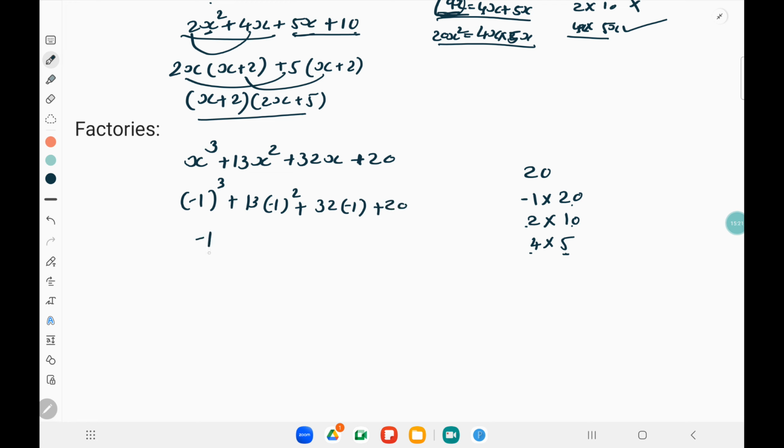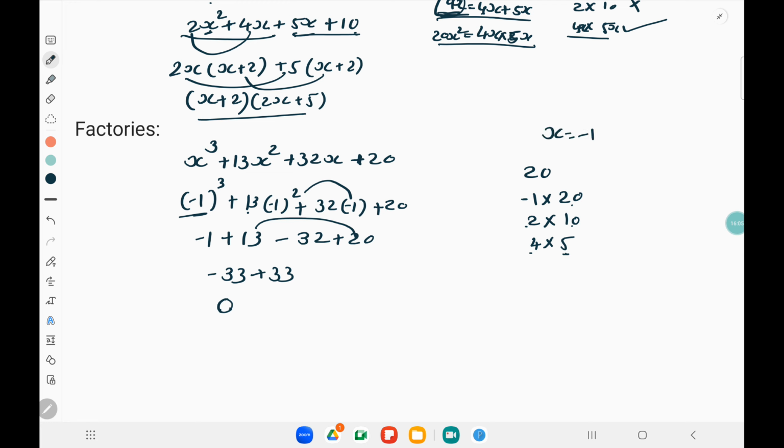Minus 1 cube is minus 1, minus 1 square is a positive 1 and positive 1 times 13 is 13, plus minus 1 times 32 is negative 32, and 20 as it is. Negative numbers we add, so minus 1 minus 32 is minus 33, and positive 13 plus positive 20 is plus 33, and that gives us 0.